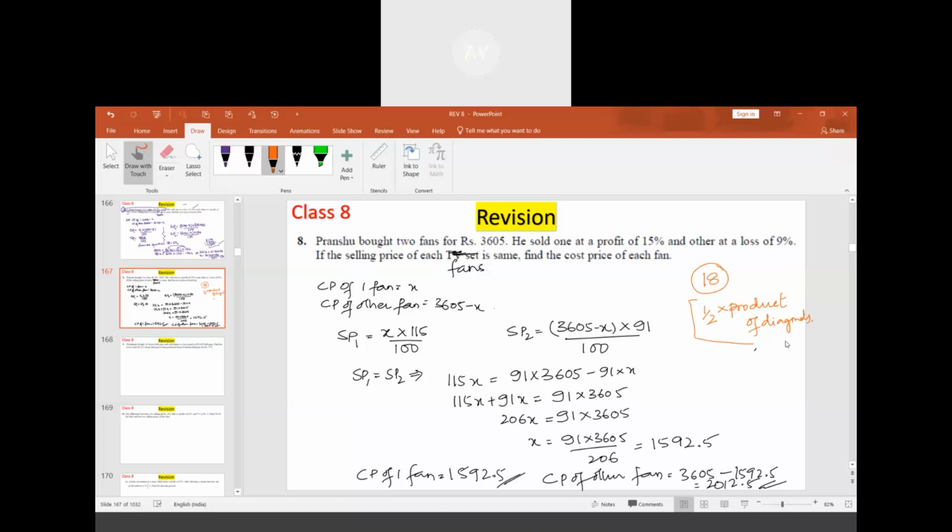Those who have written question number 18 have got the bonus marks. There was a misprint. Option C and option D were the same, with 2 times the product mentioned. Actually, option C should be half times the product, and option D 2 times the product. Marks is given.